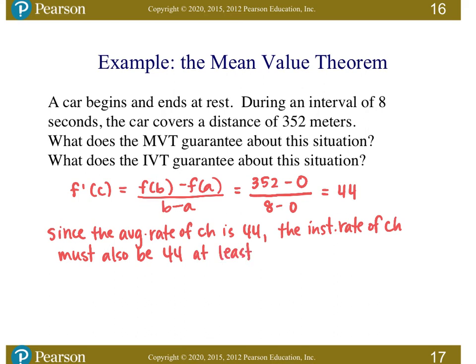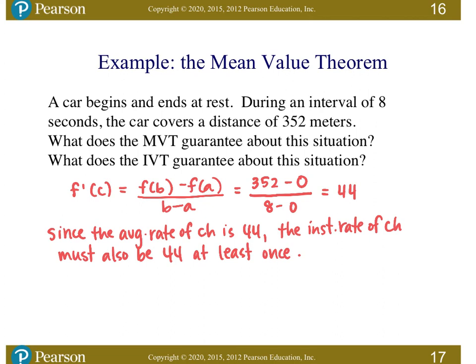Maybe more than once, but at least once. We're guaranteed that according to the mean value theorem, because the mean value theorem says if you find the average rate of change, the instantaneous rate of change will be equal to that at least one time.